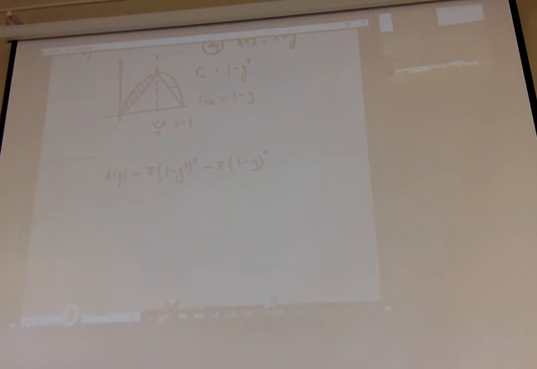And when we subtract, we get just what we need. So volume: pi goes outside. Integral from what to what? 0 to 1. Actually, I have to go up. Sorry, I went to the right. It's up because of dy, right? So from 0 to 1, and then we'll have 1 minus y to the 4th quantity squared minus 1 minus y quantity squared dy.